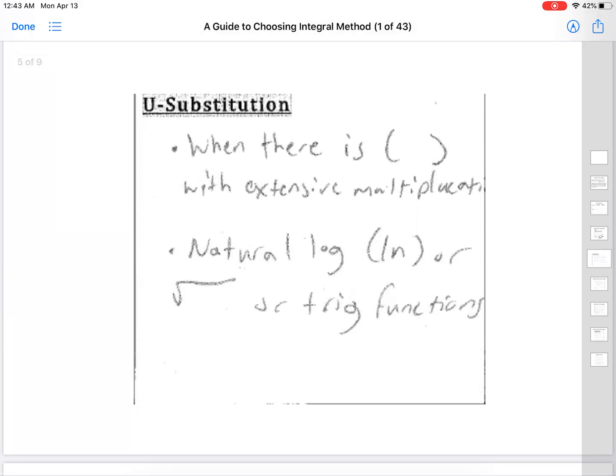Now, a lot of our integrals that are not as well behaved are those u substitutions. So when we see parentheses and it starts looking like we have to do lots of polynomial multiplication, 2 maybe is okay to multiply out and turn it into a conventional power rule problem.